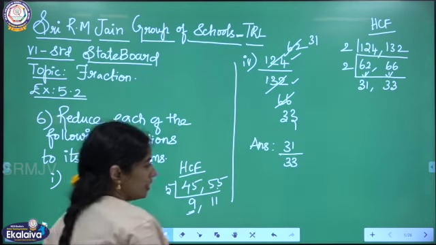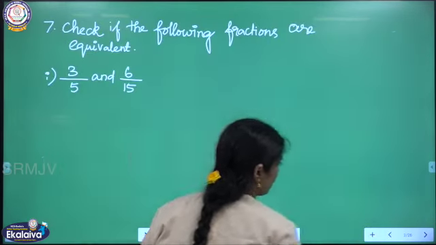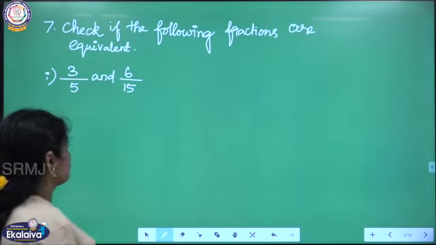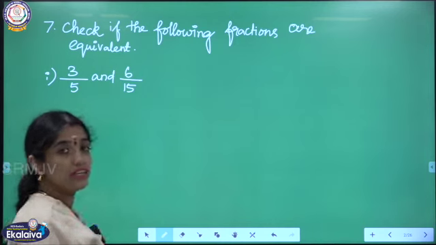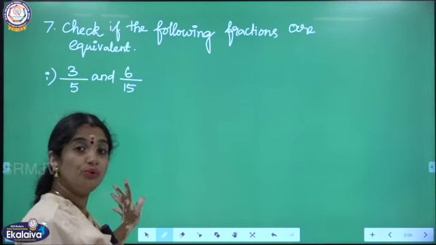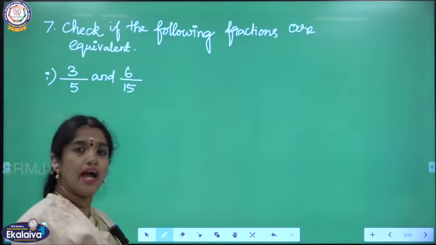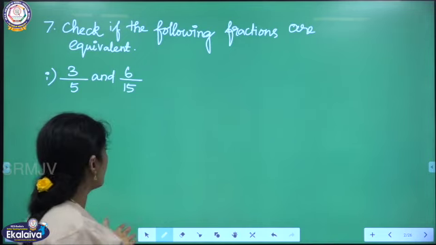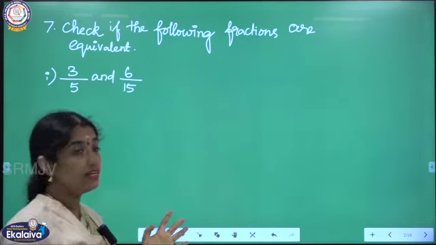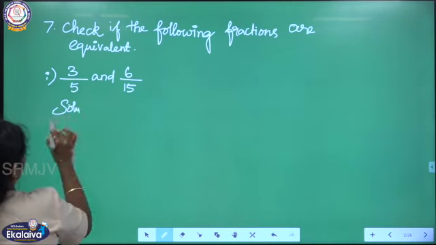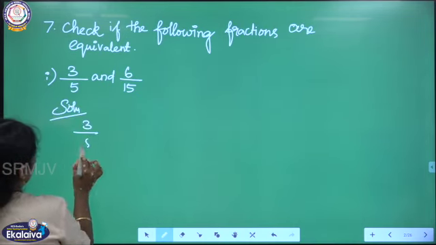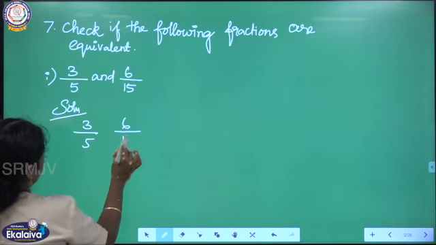Okay, shall we move on to the next sum? Listen. Check if the following fractions are equivalent. They are given 2 fractions and I am going to check whether the 2 fractions are equivalent. Listen, 3 by 5 as well as 6 by 15.